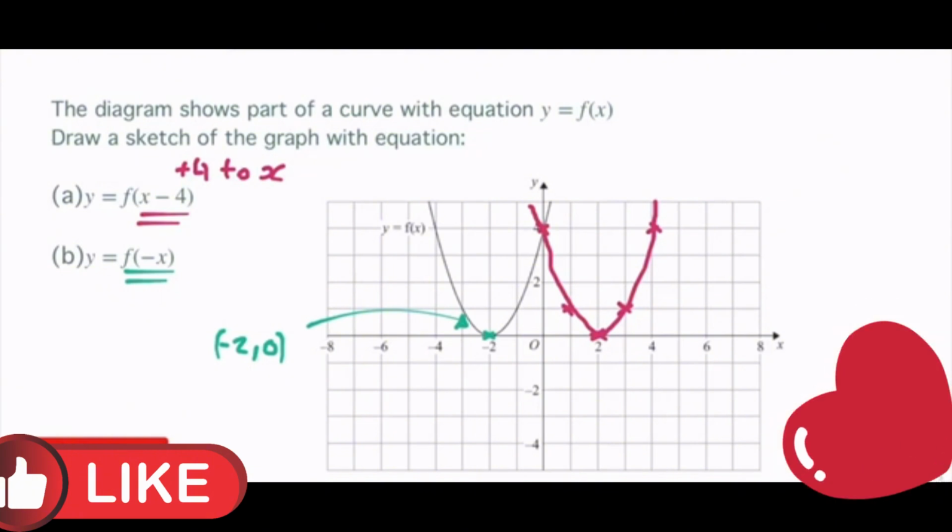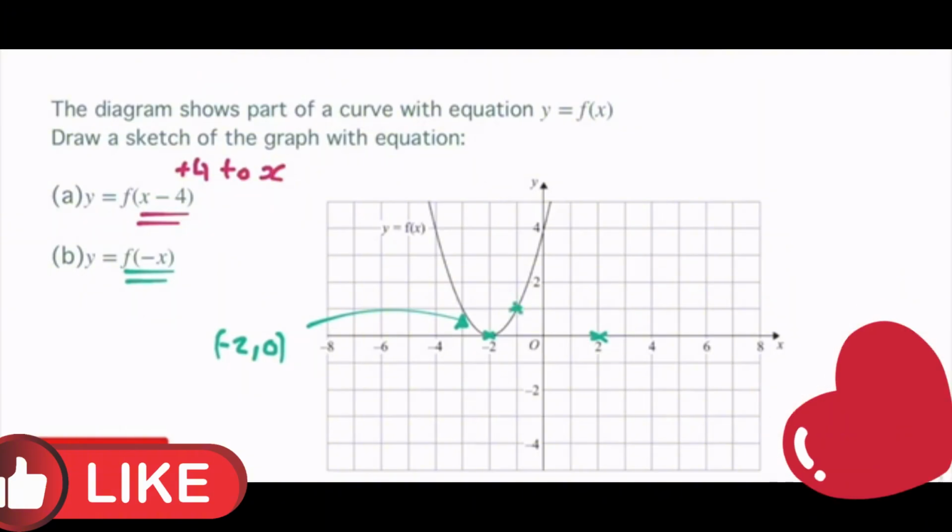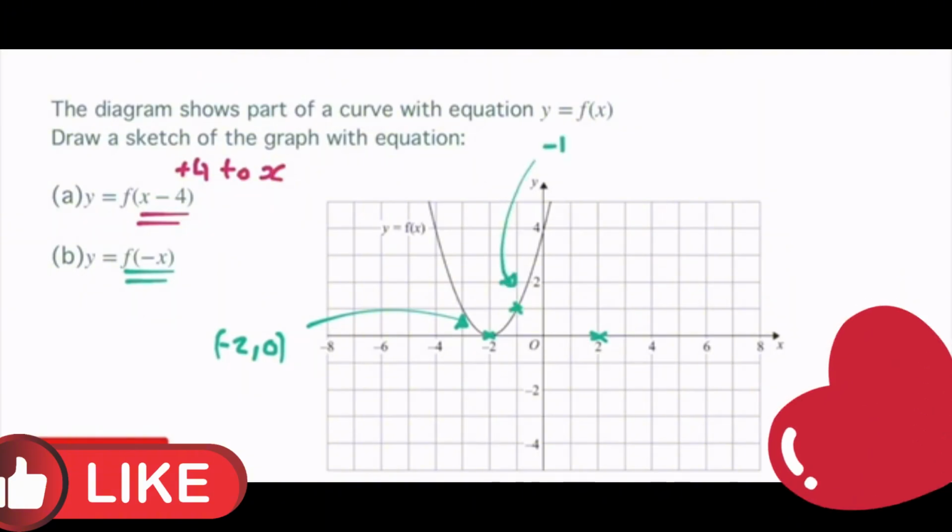Again, let's get rid of this first graph. Positive 2, 0 is here. There we go. So let's have a look at another one. Let's pick this coordinate here. That coordinate there is minus 1, 0.